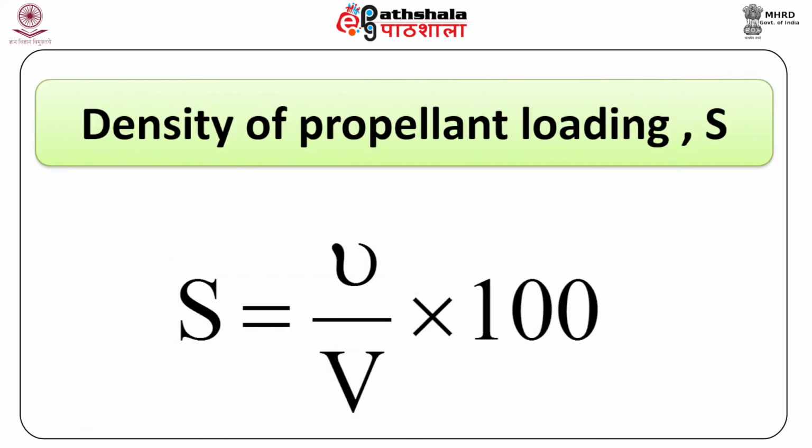An important factor which affects the rate of combustion is the density of propellant load. Density of propellant loading is given by the formula S = (V / μ) × 100, where S is the density of loading, V is the volume of the cartridge case, and μ is the volume occupied by powder. In rifle cartridges, the loading density varies from 75 to 95.